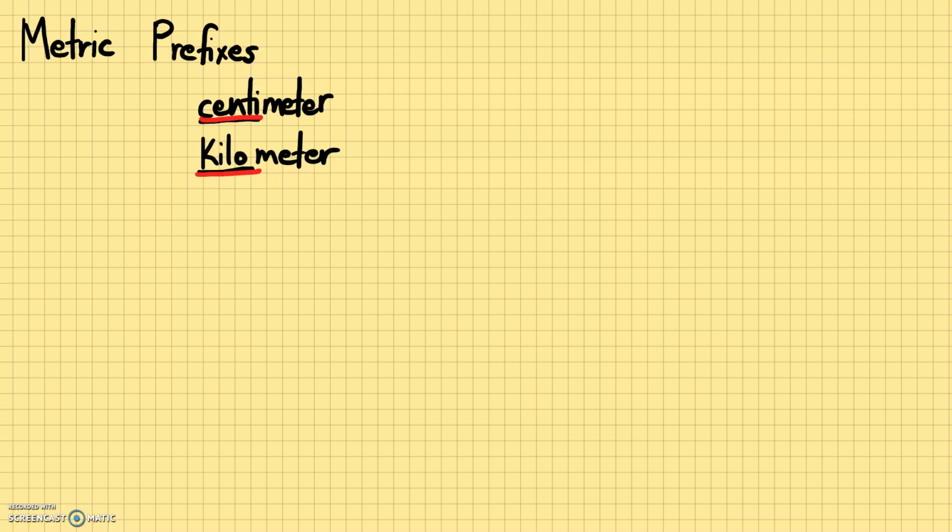So let me just list all the metric prefixes. Okay, starting with the smallest one. The smallest one that we're going to go over is milli. And then we have centi. That's what you see from centimeter. Centi, and then we have deci.